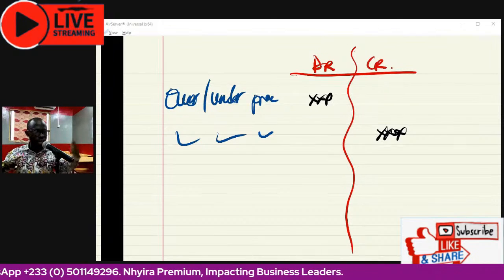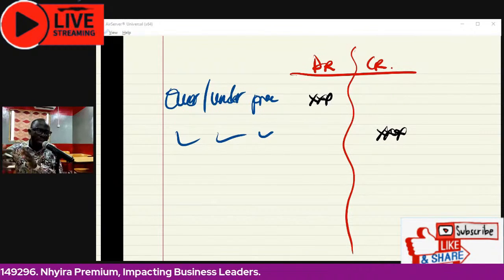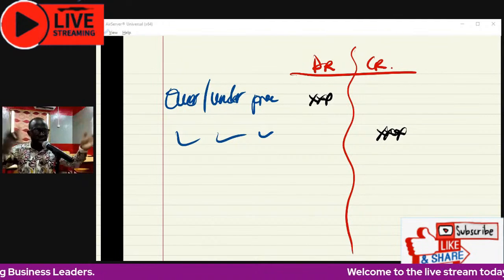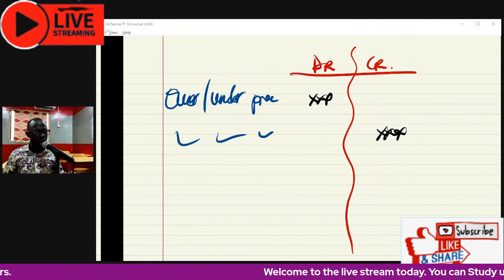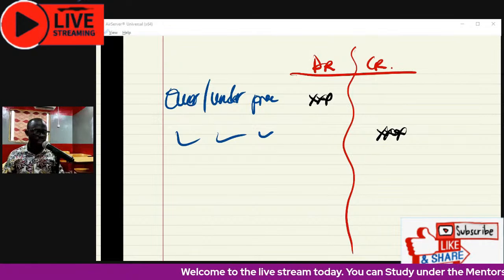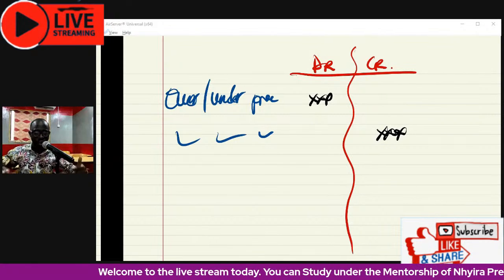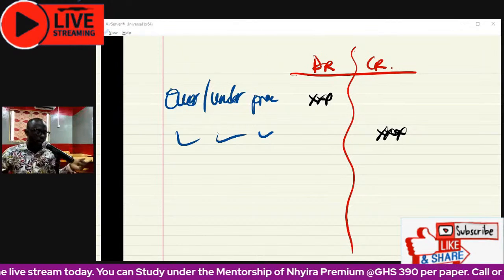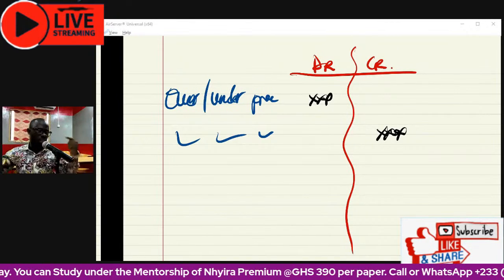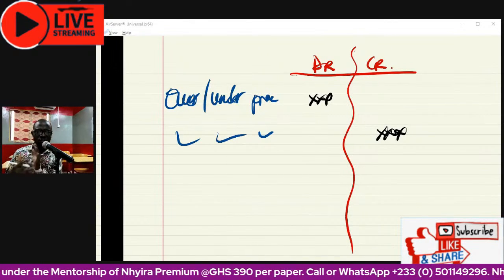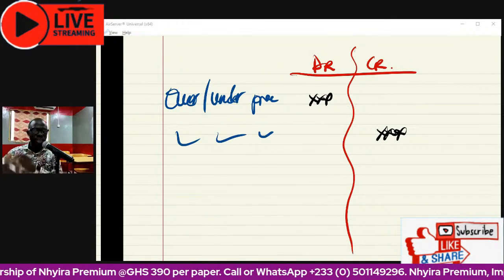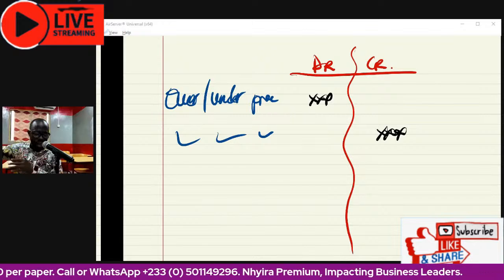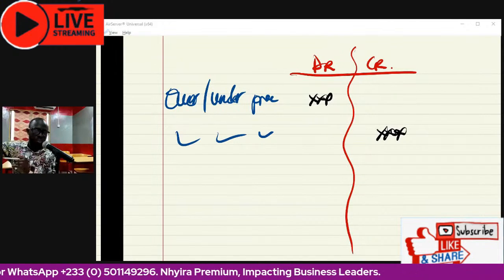What you want to do when you are preparing the tax account is, whatever side it is on, bring it to that side in your T account when you are preparing the income tax account, so that you don't have to think whether it is over or under. If the over or under is on the credit side, take it as balance brought forward on the credit side.